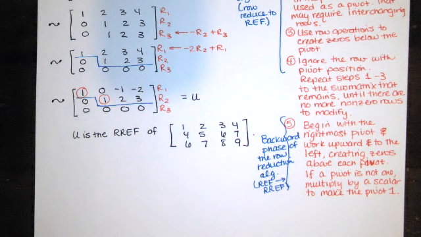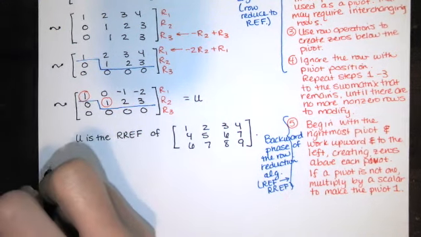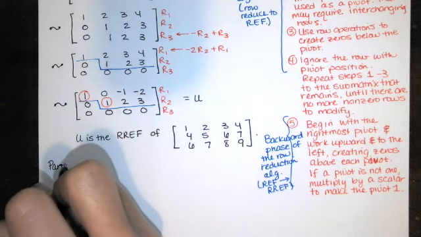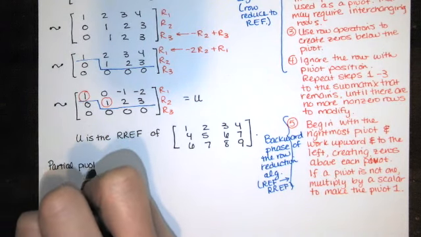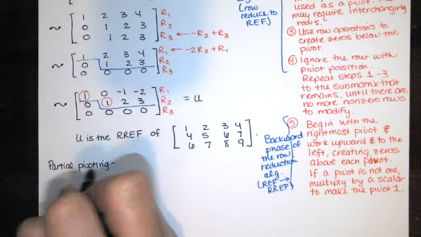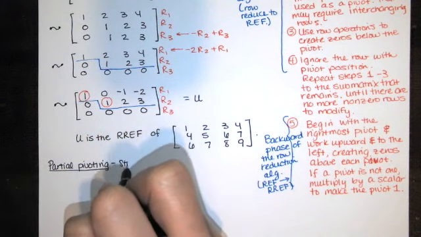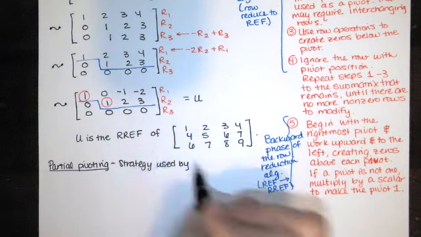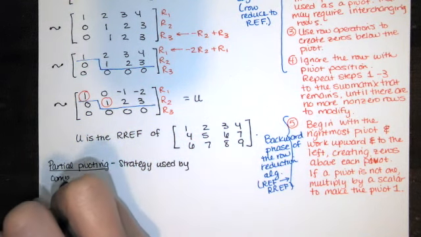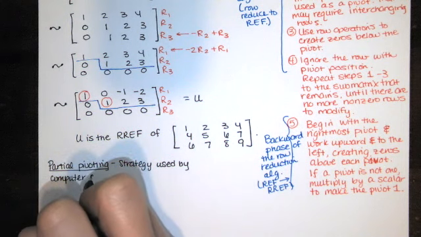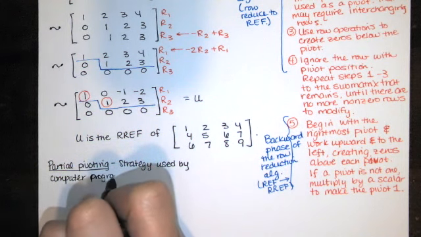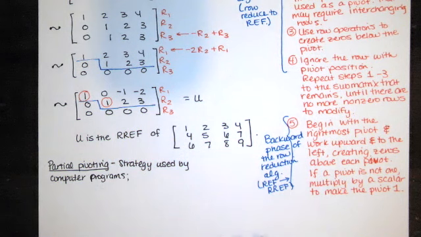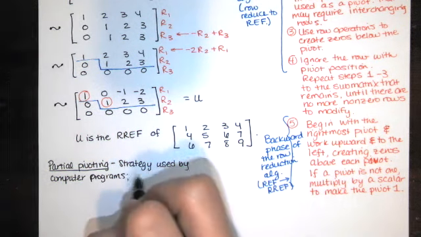Oh, one other thing I wanted to mention, there's something called partial pivoting. It's just a strategy used by computer programs. It selects the entry in the column with the largest absolute value to be the pivot.